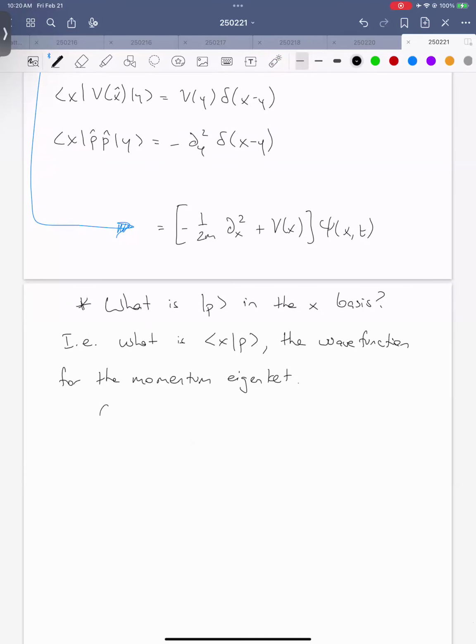So more fancy footwork. So consider x bra, momentum operator, momentum eigenket in two ways. As always, we want to get rid of the operatorness. That's always hard.